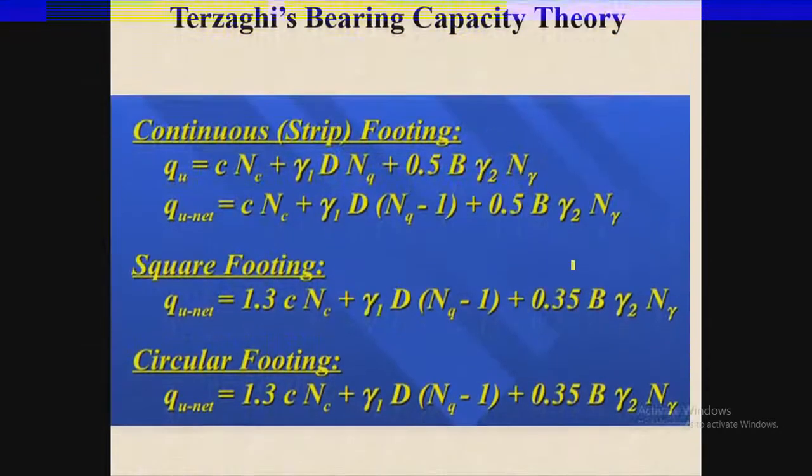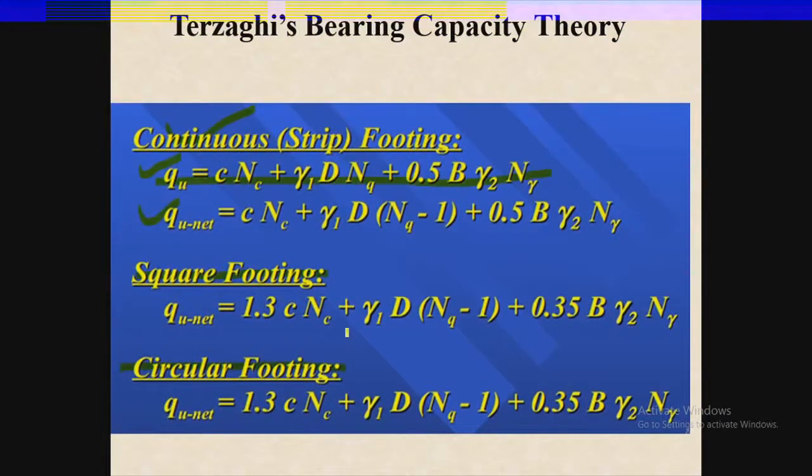You can see in this particular equation there are no shape factors, but we can also include the shape factors as well. Over here, this formula will be rewritten in the form of shape factors like CNC SC plus gamma 1 D NQ SQ plus 0.5 B gamma 2 N gamma S gamma.